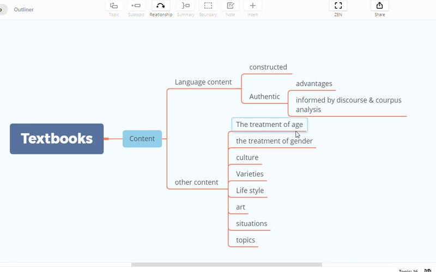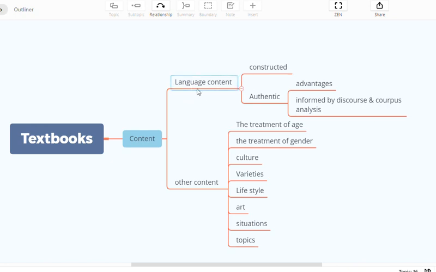Sometimes the decision makers are biased about age, about gender, about culture, or about cultural norms. In a single country, we have different cultural norms, but sometimes the authorities are biased about some traditional norms, and they are excluding some other customs. They include some particular customs, and that's why this content is much more important than this content.